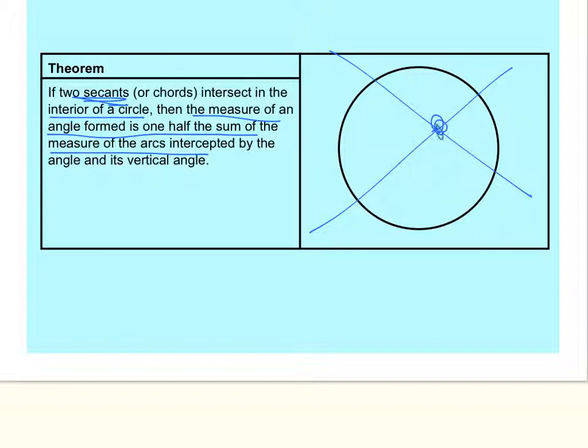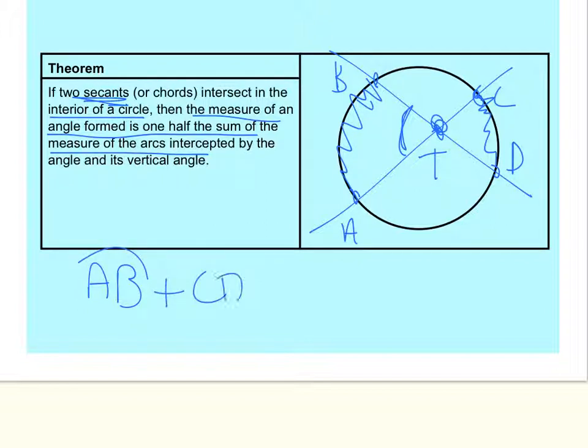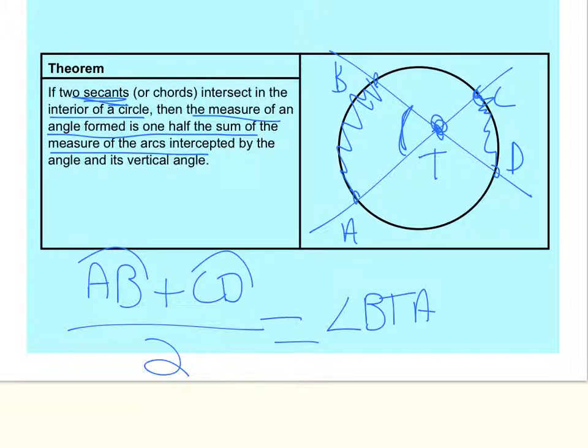We'll call this angle T, and the points A, B, C, and D. This angle is going to be equal to the average of this arc plus this arc, so arc AB plus arc CD divided by 2. That's going to be your angle measure.